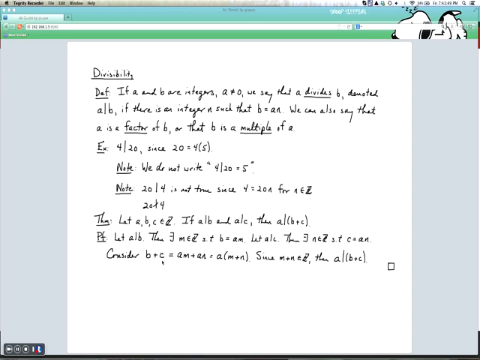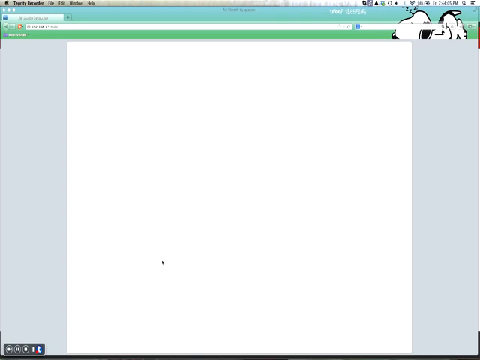That's a basic starting kind of proof, but that's the flavor of what we're going to see. Let me do another one. Again, let me start with A, B, and C integers.